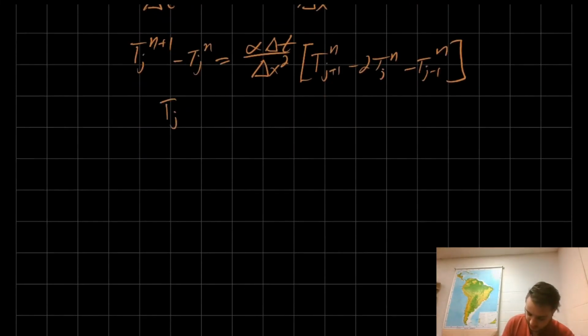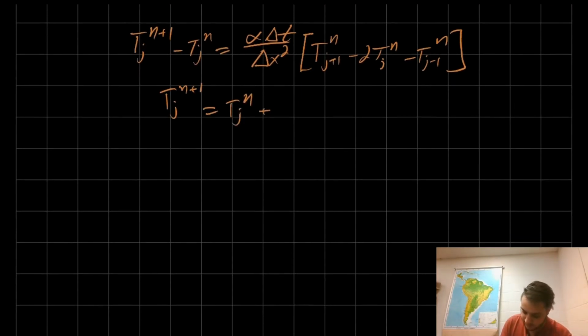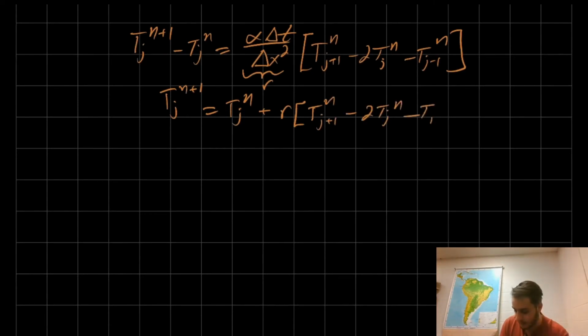So T_j^{n+1} is equal to T_j^n plus this term, which will just cancel out into an r value. R times T_{j+1}^n minus 2T_j^n plus T_{j-1}^n. And that is our final equation that we need to solve the code, and we'll move to that right now.